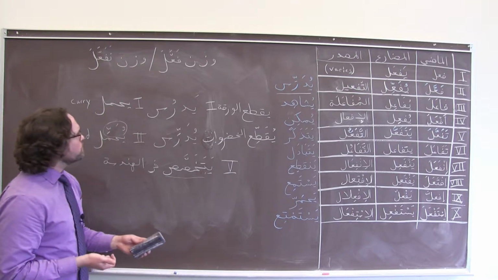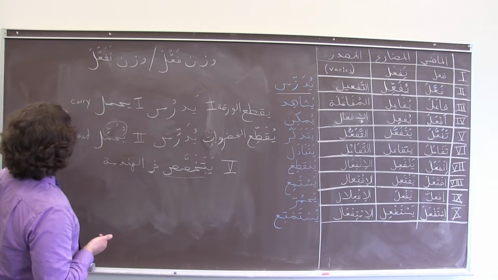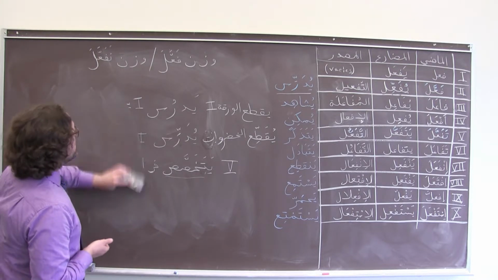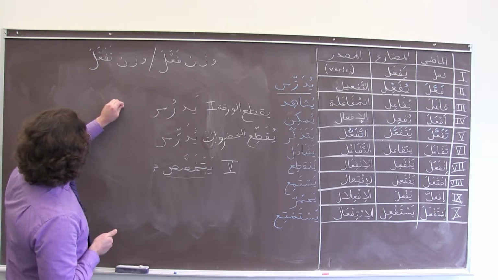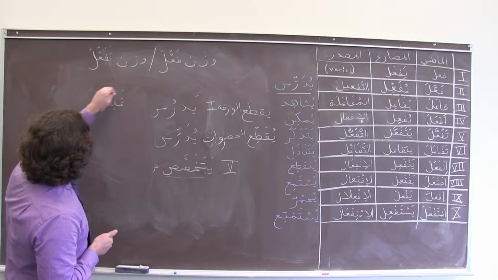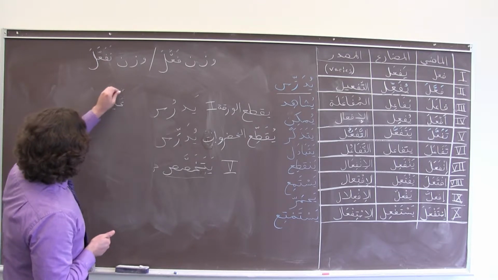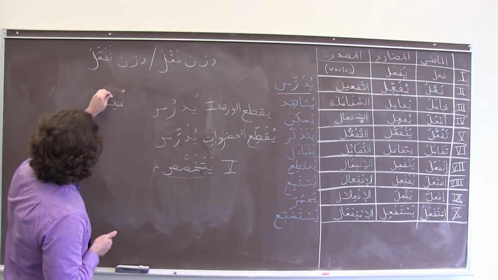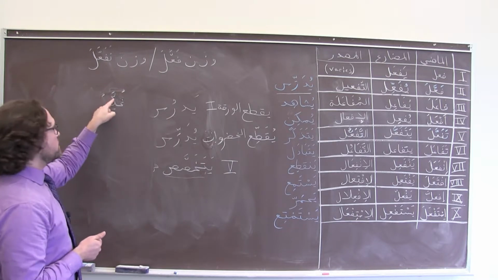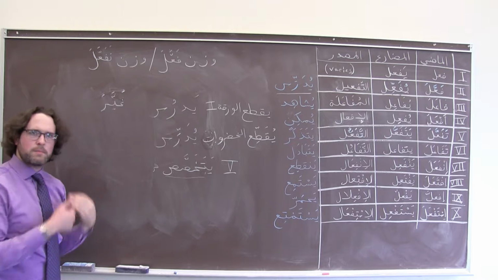So the verb in form 2 for change in Arabic would be, in the past tense, غير. Again, we add that shadda. This is in the past tense.